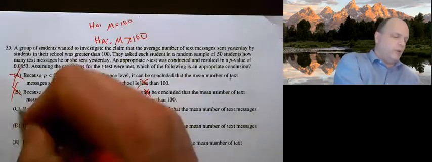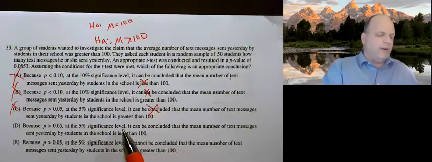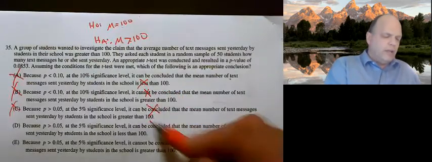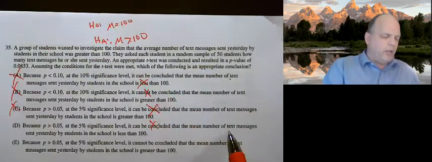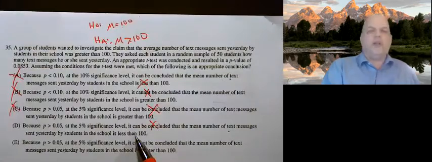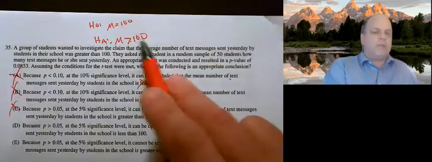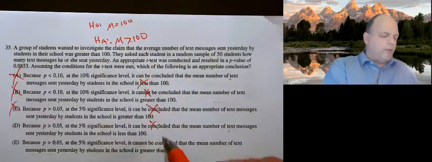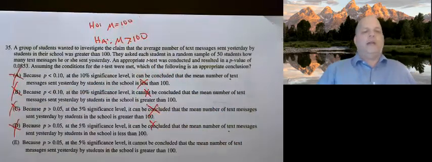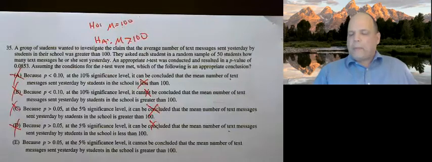So that's false. Because p is greater than 0.05 at the 5% level of significance, it can be concluded that the mean number of text messages sent yesterday by students is less than 100. No, we never proved that. That was not part of our test. So we didn't do that. All right.